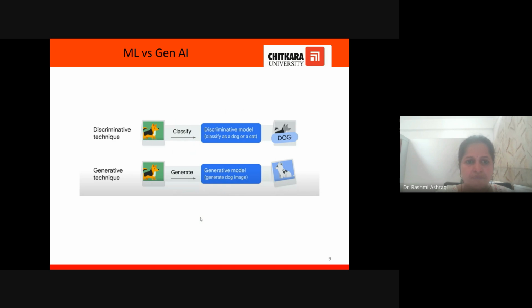Here you can see the discriminative technique: machine learning can only tell whether an image is a dog or a cat. But if I want to generate different dogs, I can give one image of a dog, and it will generate as many images as I want, say 100 dog images.